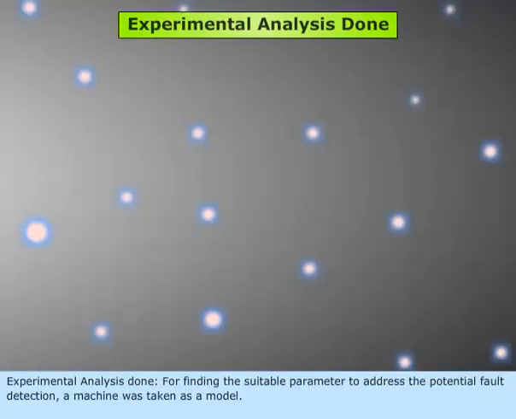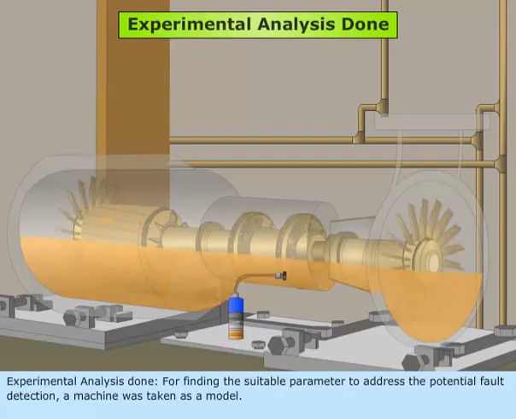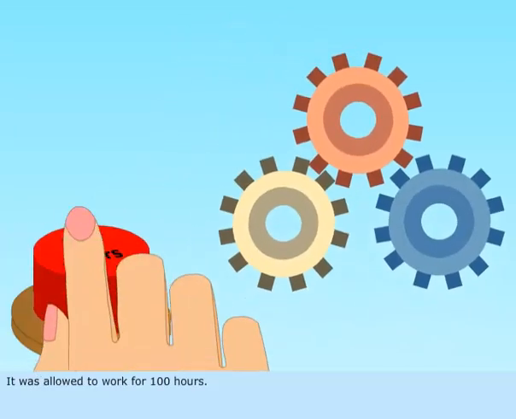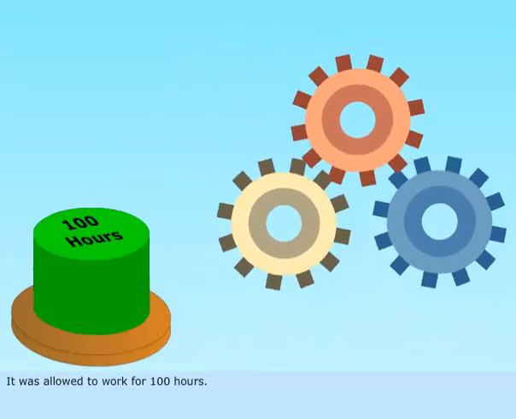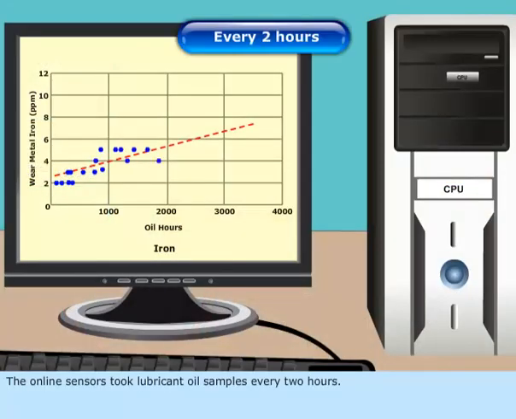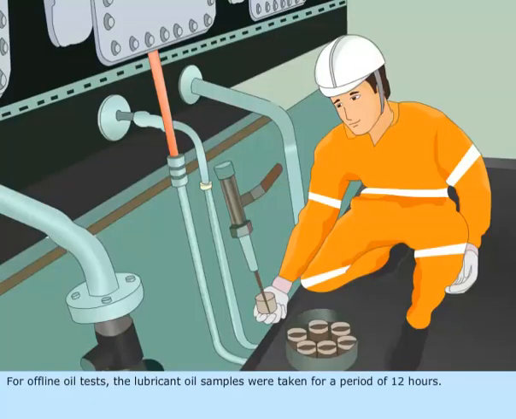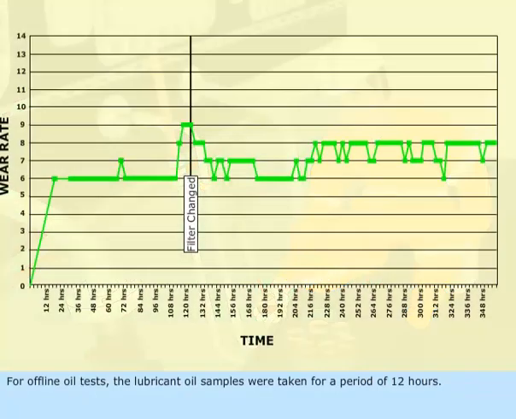Experimental analysis done. For finding the suitable parameter to address the potential fault detection, a machine was taken as a model. It was allowed to work for 100 hours. The online sensors took lubricant oil samples every 2 hours. For offline oil tests, the lubricant oil samples were taken for a period of 12 hours.